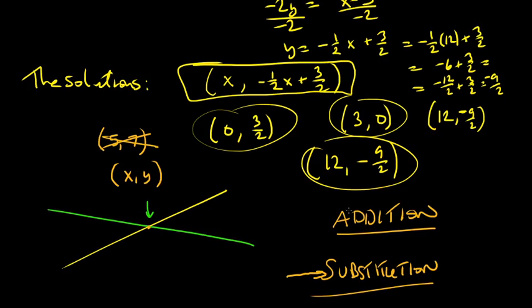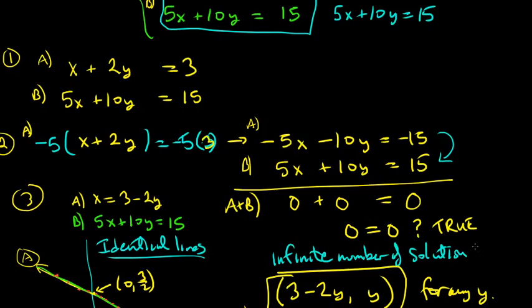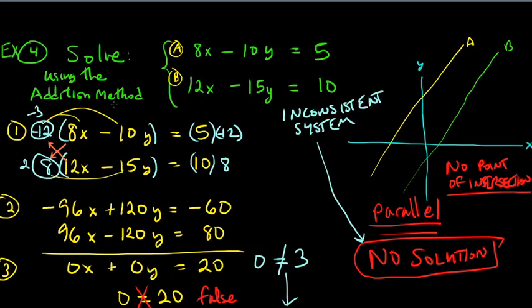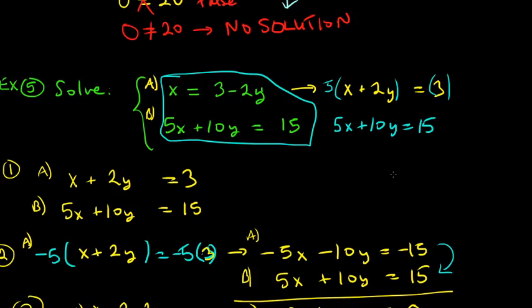But if it says specifically to use the addition method and you use the substitution method, you're going to lose points for that, right? Don't expect to get full credit if you don't follow the directions. So pay very clear attention to the directions here, right? And especially in this case, it says to solve using the method of addition. And we did that here, right?